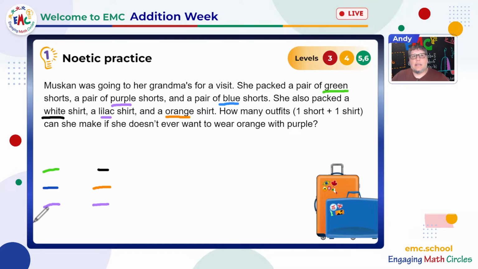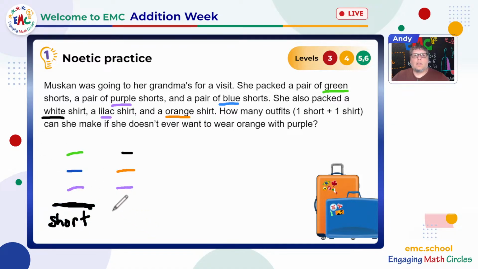So we can look at it as a choice matrix here. For the first choice, I'm choosing their short. And for the second choice, I'm choosing their shirt.